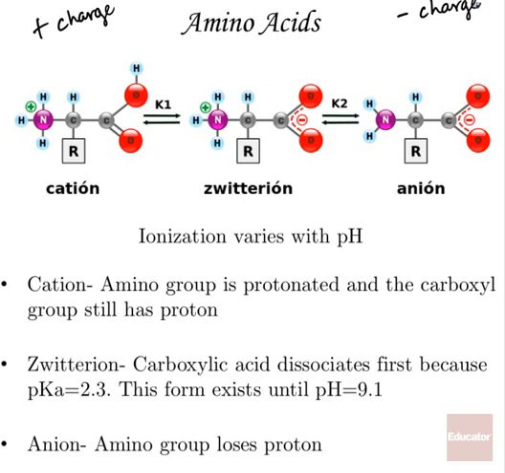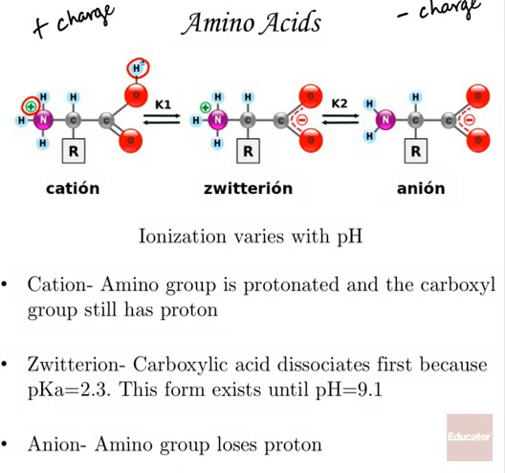Now, our cation form is when we have our amino group being protonated, so we have this extra positive charge right here because it has an extra hydrogen. And we still have the carboxyl group having its proton. This can only happen when we are at a pH below the acid dissociation constant of that carboxylic acid group, as well as below the amino group.